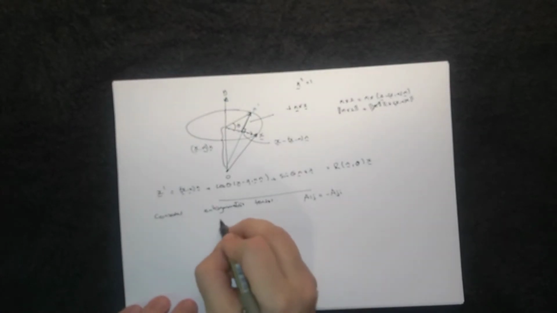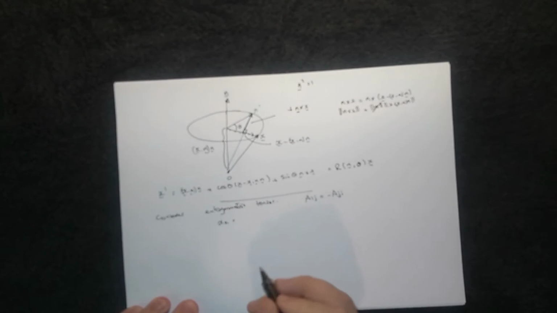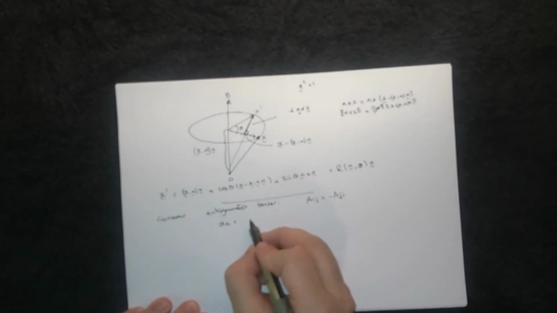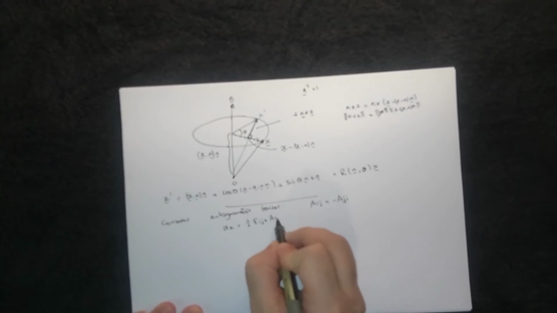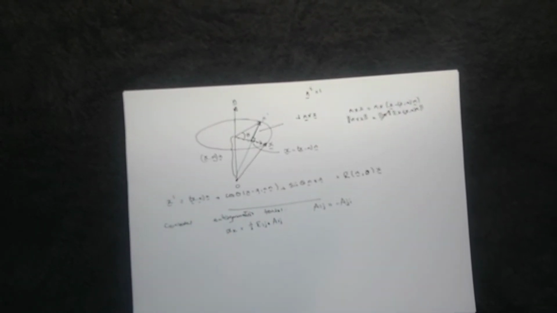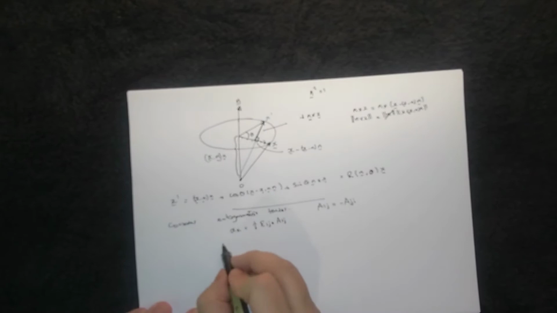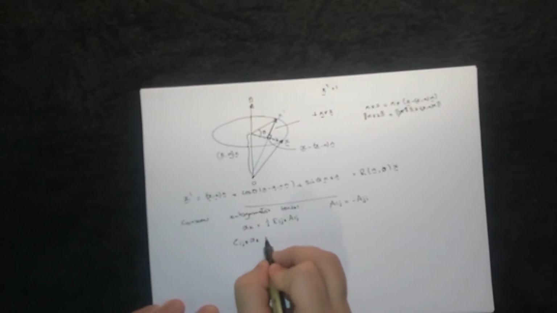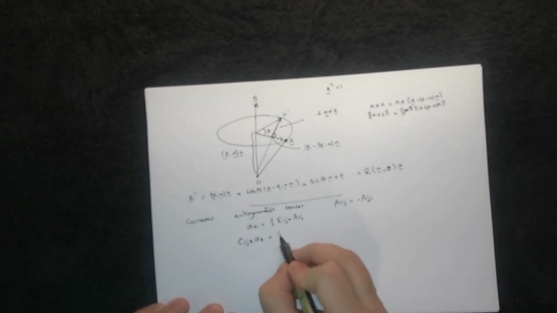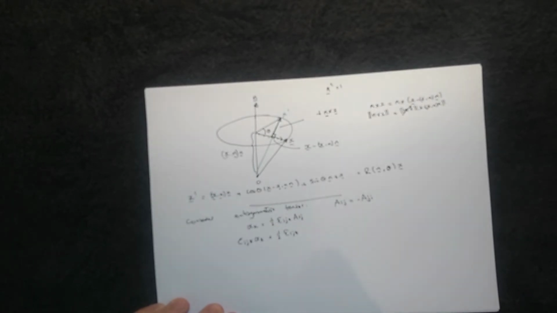Let me define alpha k to be equal to a half epsilon ijk aij. And let's see what happens if I multiply this by epsilon ijk. So we go half, we have epsilon ijk.